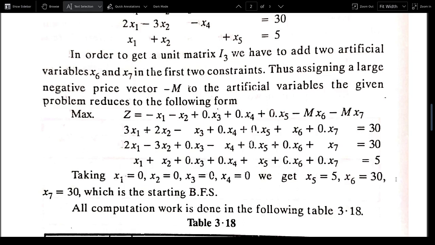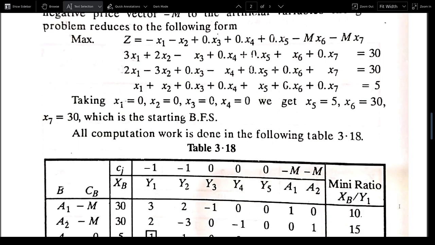Here the total number of variables is 7 and the number of equations is 3, so 4 variables are considered 0, those that do not give us the identity matrix. So x1, x2, x3, x4 are 0, and we get x5, x6, x7. Then you put the same as b for the basic variables.